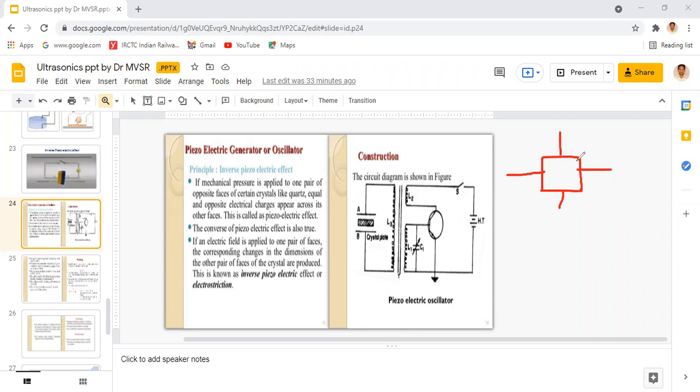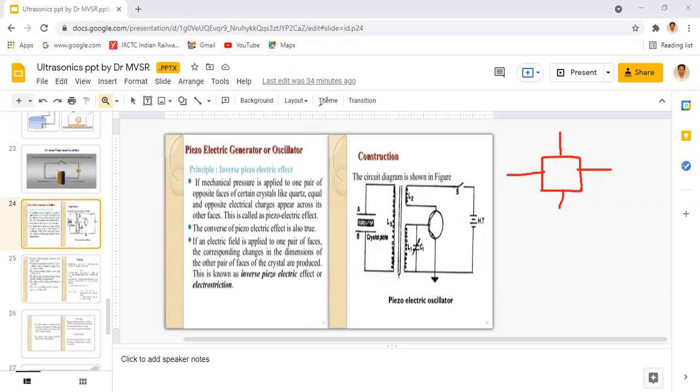Suppose an alternating potential difference is applied on one pair of opposite faces; in the perpendicular direction, mechanical pressure acts and the crystal oscillates.